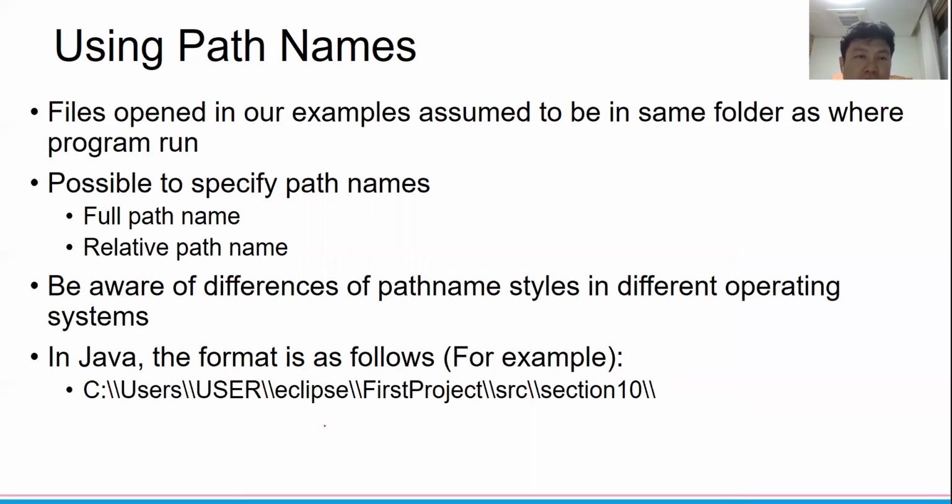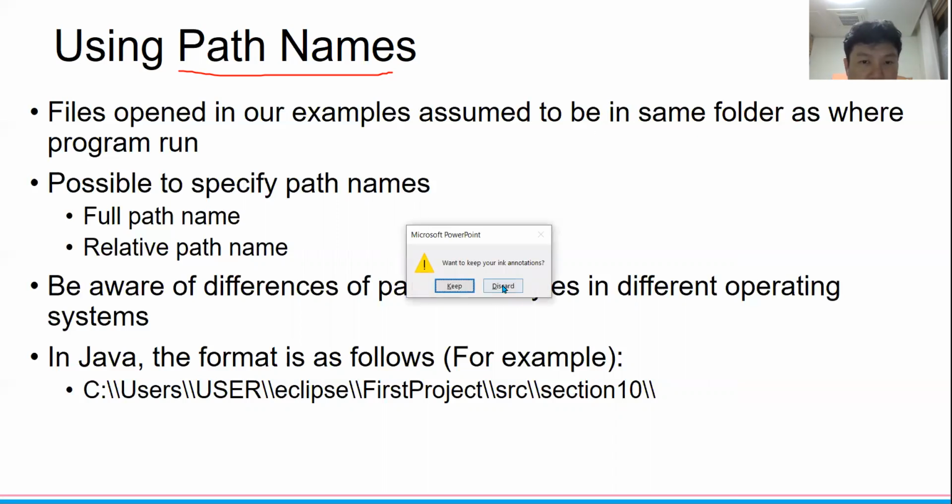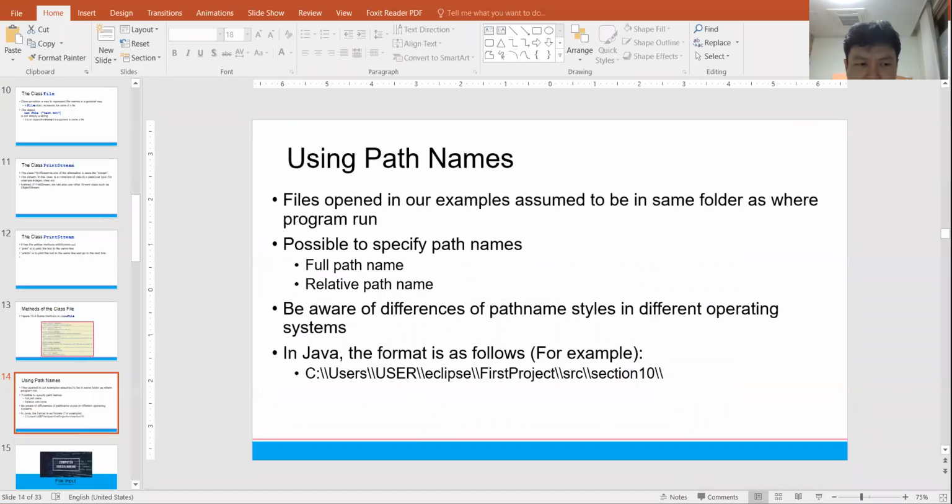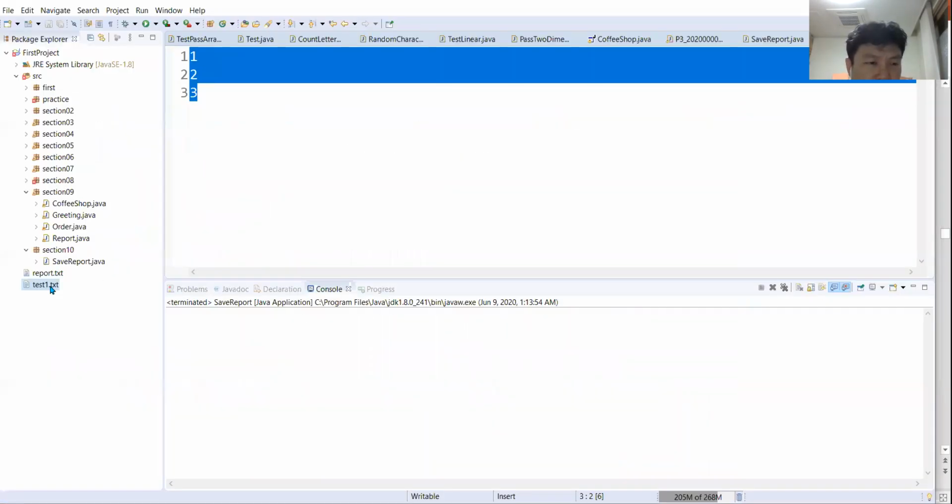When you are dealing with files, you need to use some ideas about the path name. The path name is important because whenever you save your files, you are saving your file in a particular folder. Files opened in our example are assumed to be in the same folder as where the program runs. For example, if you are using this code, this file is in the project.